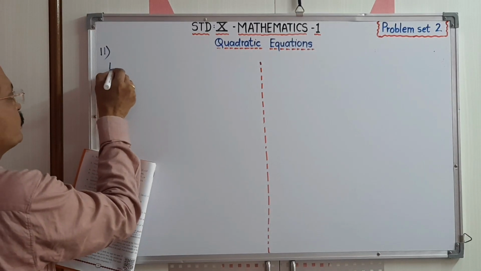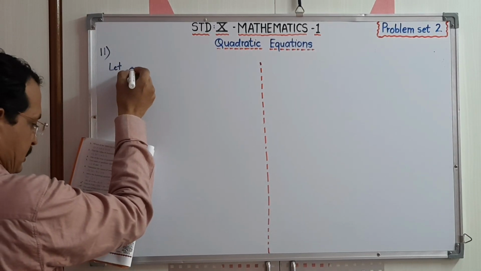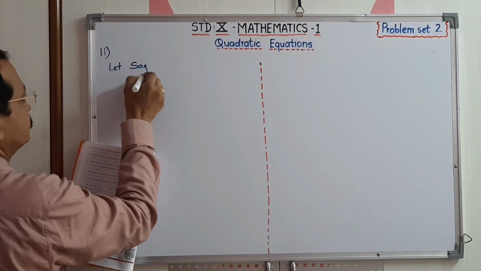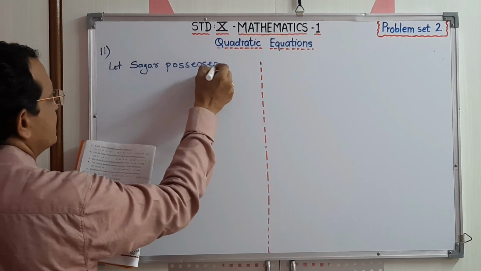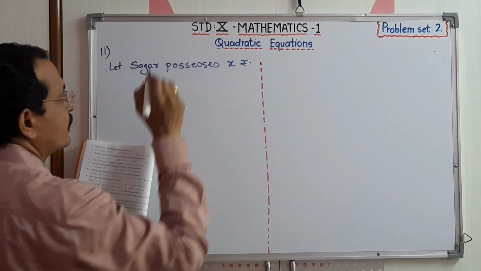Therefore, we have to assume let Sagar purchases x rupees.